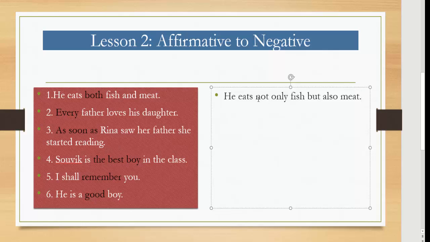Here, not only instead of both, and but also instead of and. So to change the sentence to negative, I have to use not only instead of both and but also instead of and. He eats both fish and meat. He eats not only fish but also meat. It turned into negative.